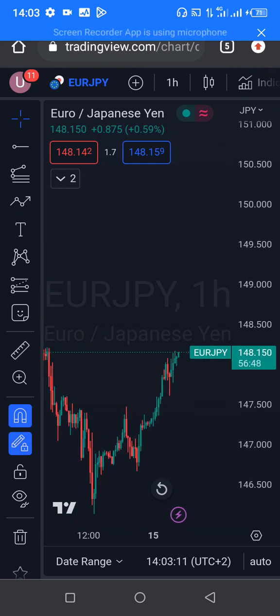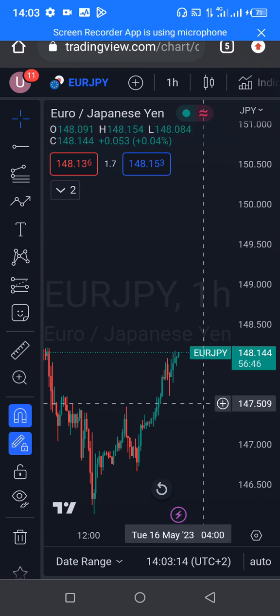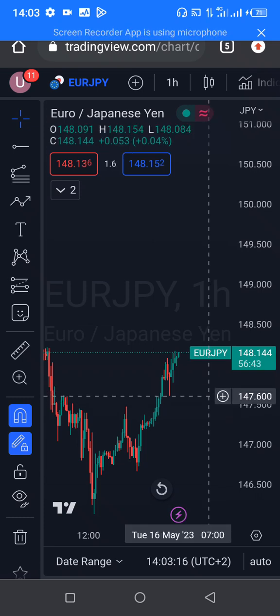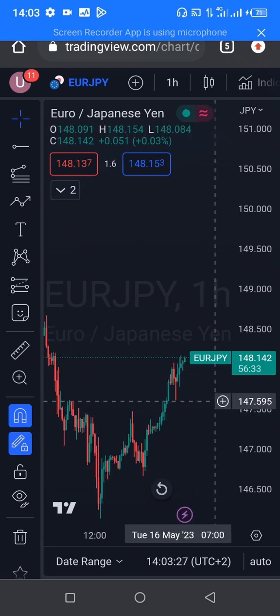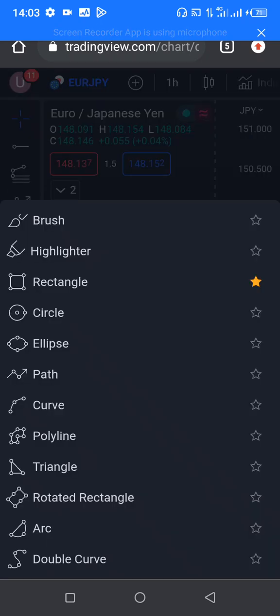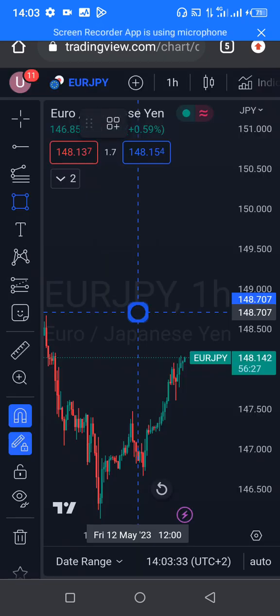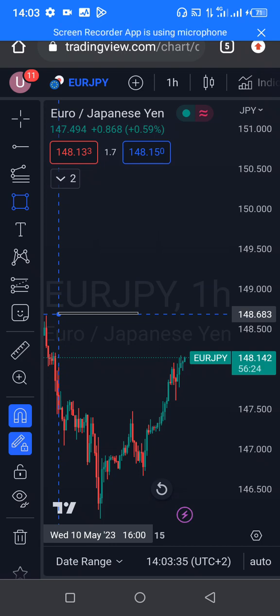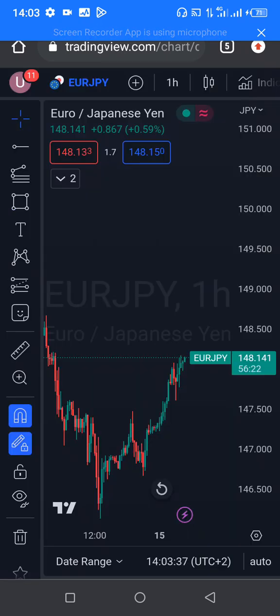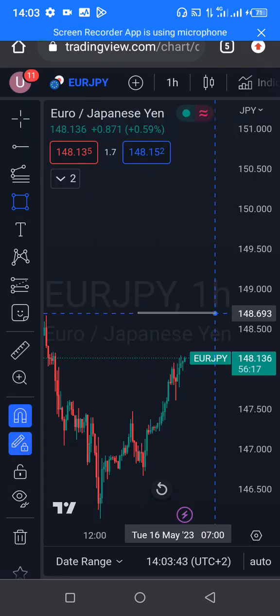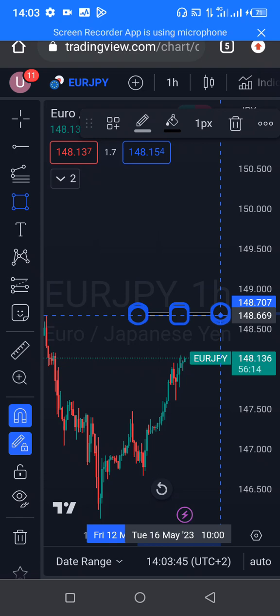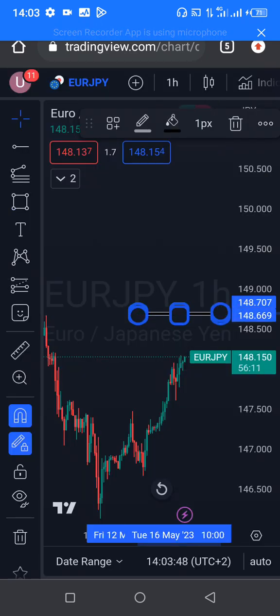Okay, so for my EURJPY, since it formed a pullback around this area, it seems like we missed this trade, but it's alright. We're going to find another one. I'm going to draw my support.